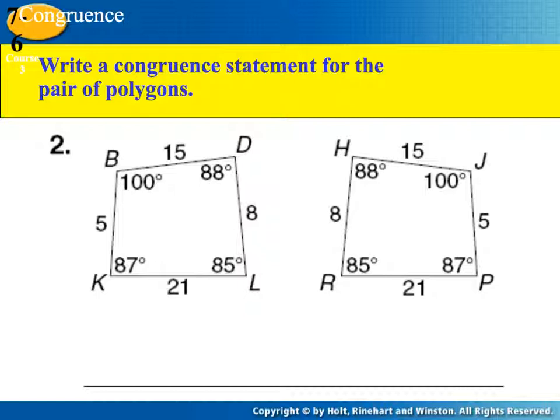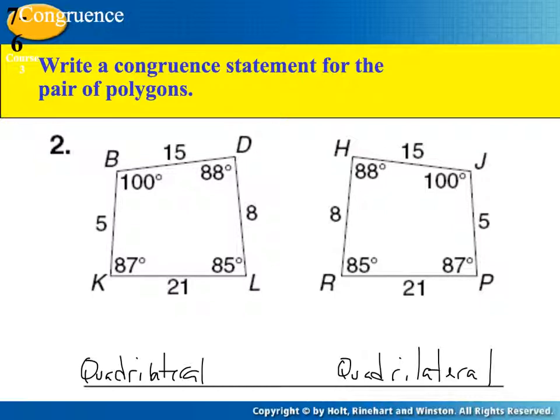All right, so when I look at this, one thing that I need to do is identify what shapes these are. Well, this is a quadrilateral. So I write quadrilateral. And on the other side, this is also a quadrilateral. Now, I need to put my angles in the correct order.